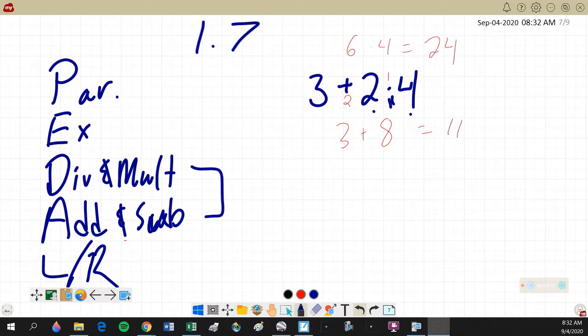Now, it may seem a bit arbitrary why we follow the particular order, and you might think, if we just used a different order and everybody did it the same way, then we would be okay. But the order we have chosen has to be that way because of the rules that we've agreed on in mathematics.